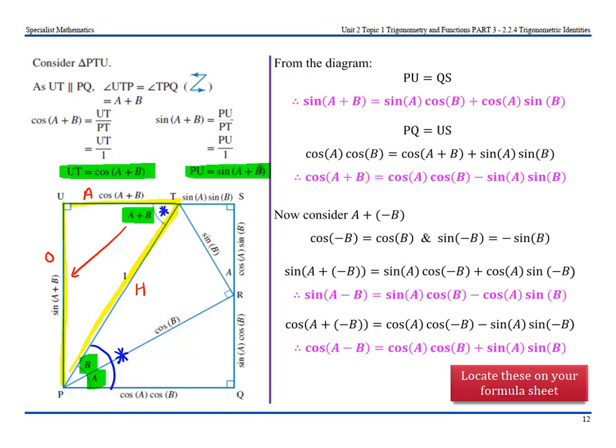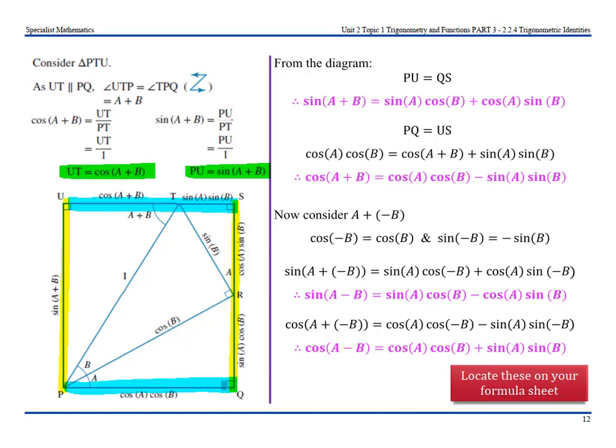Okay, so if you look, and I'm going to get rid of all my highlighting. So that means this side here has to equal that side there. So sine of A plus B has to be sine A cos B plus cos A sine B. We look at the other sides.